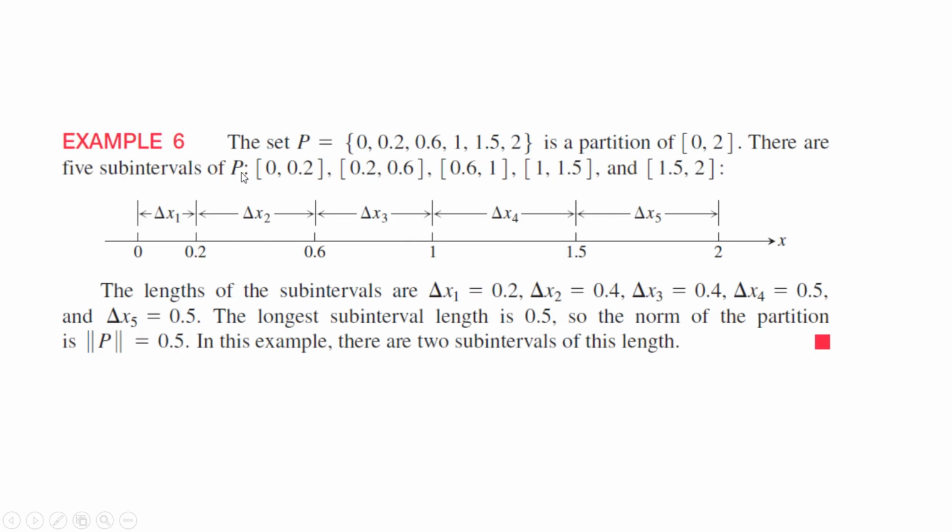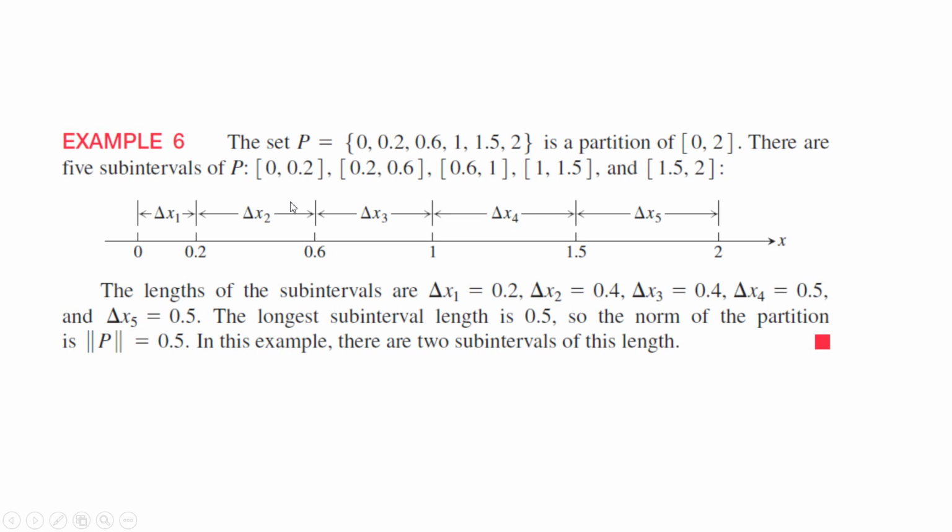There is an example to find the norm of a partition. Let P be {0, 0.2, 0.6, 1, 1.5, 2}, a partition of [0, 2]. Now there are 5 intervals: 0 to 0.2, 0.2 to 0.6, and so on, and they are of different widths.